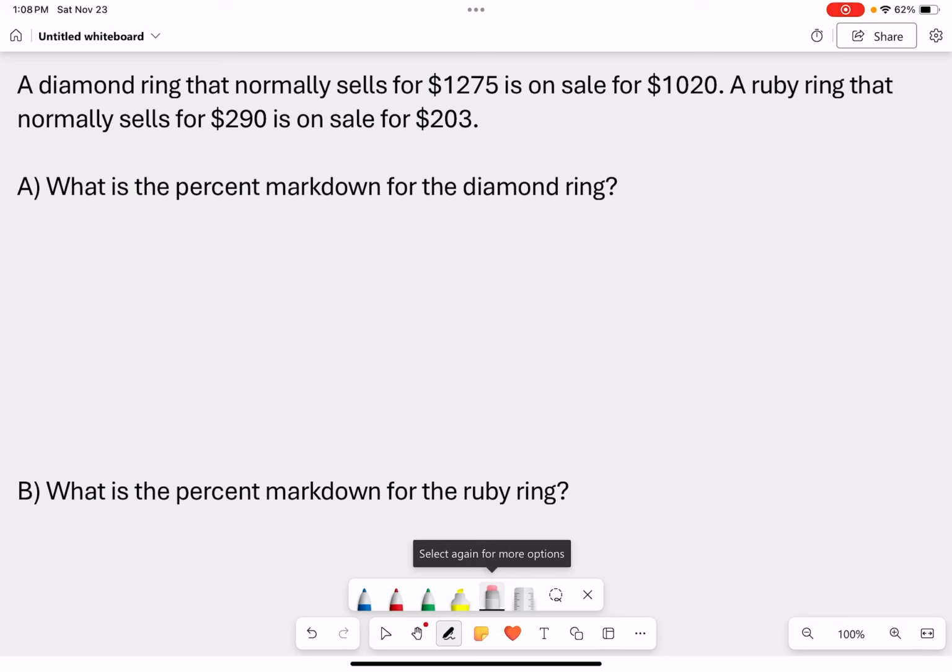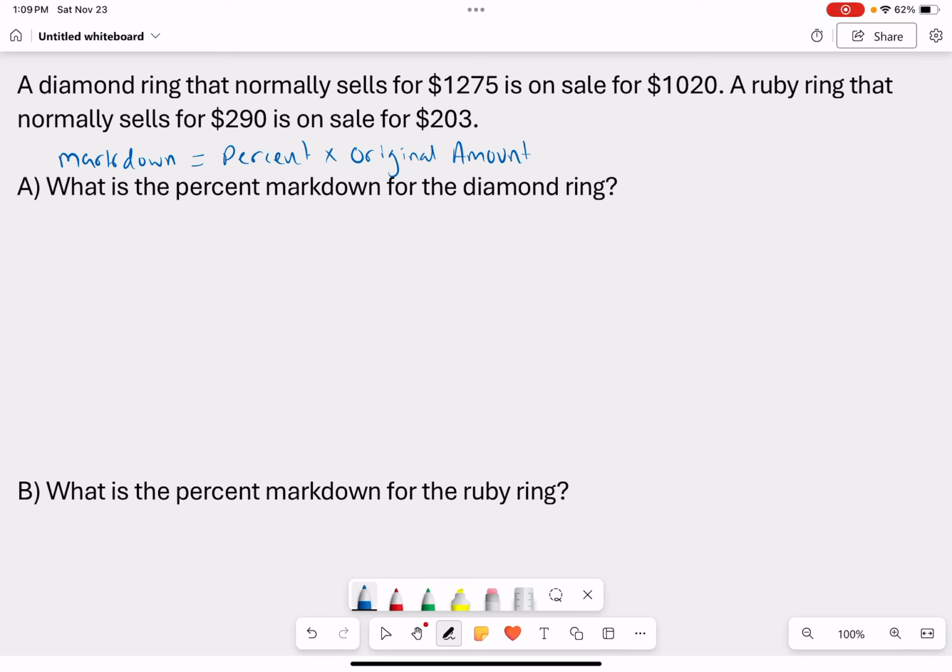Okay, so the first thing I like to do is write down what my markdown equation is. So I'm going to write markdown is equal to percent times the original amount. Then I start asking myself, do I have a markdown or can I figure out what the markdown is?